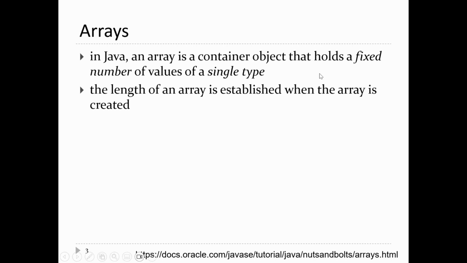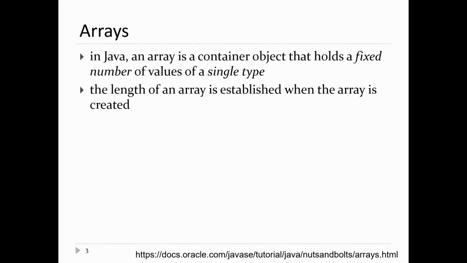It holds a fixed number of values of a single type. That's quite a big difference compared to a Python list, where you can put whatever you want in, however many things you want, and take stuff out. In a Java array, you can't do those things.